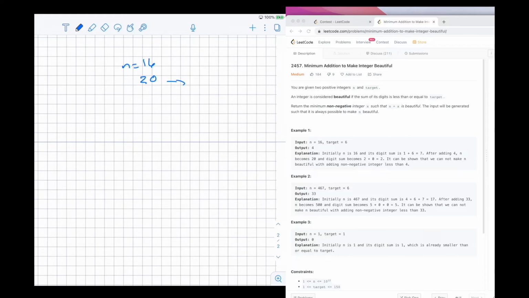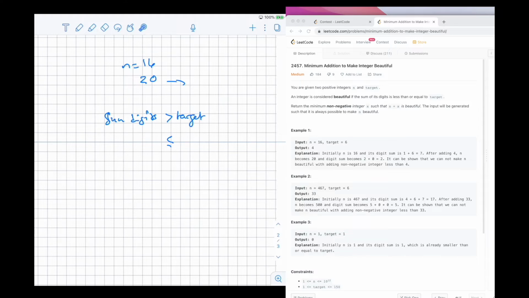Because we know already that the sum of the digits is bigger than target. That's why we need to add some value x. So the only way to make it beautiful, because we want it smaller than or equal to target, is to make the sum smaller than what it was before.